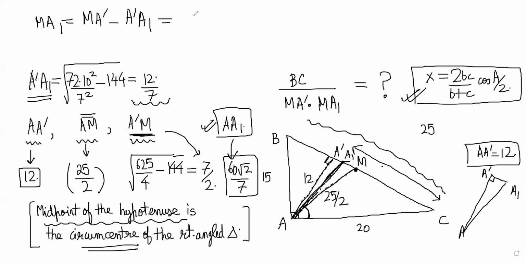So that will be equal to MA dash, which we had already calculated, and that was 7/2 for us. Notice we had already found this here. 7/2 minus 12/7, if you do, you get basically 25/14. That is the value of MA1 for us, right?